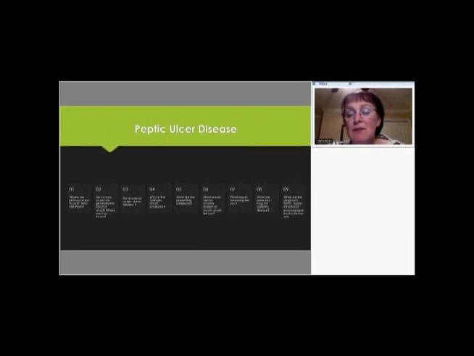Then some red flags for systemic disease would be things like if you check for coagulation problems, if they have had some bleeding problems, or if their C-reactive protein was elevated, or if their white blood cell count was elevated, then you would be thinking more about systemic disease.